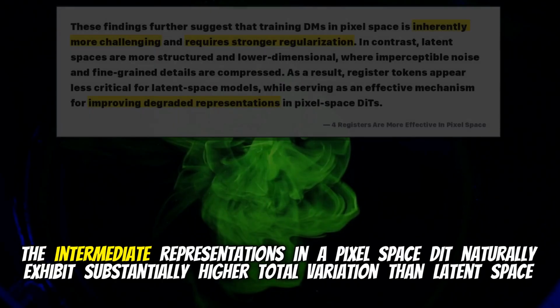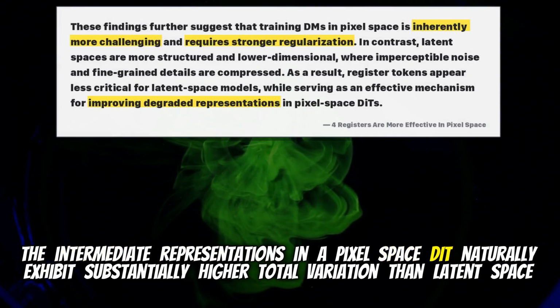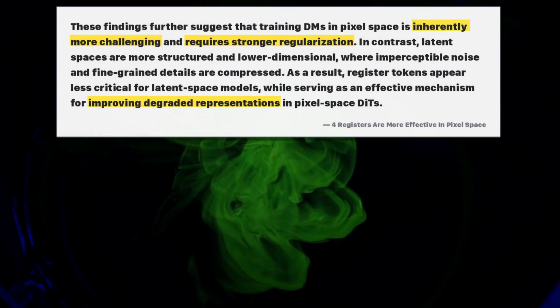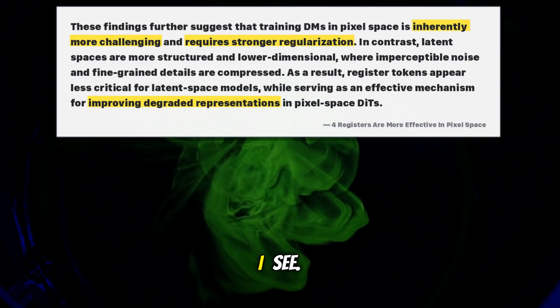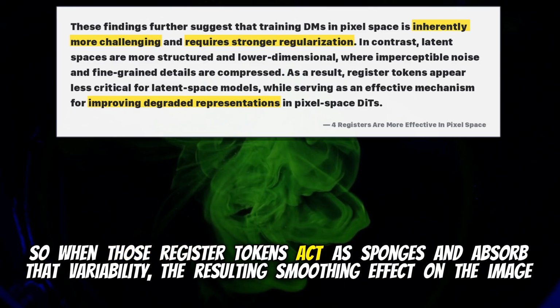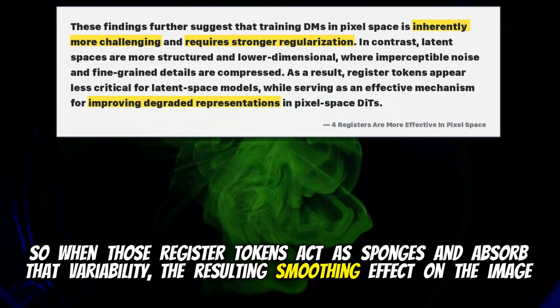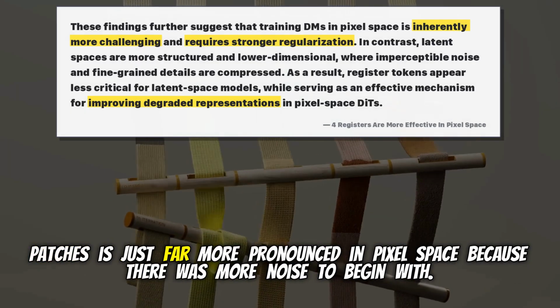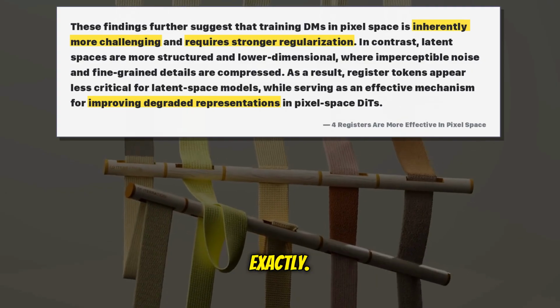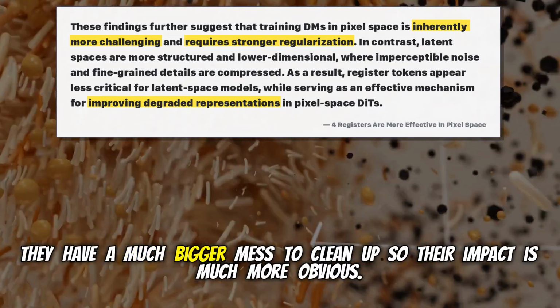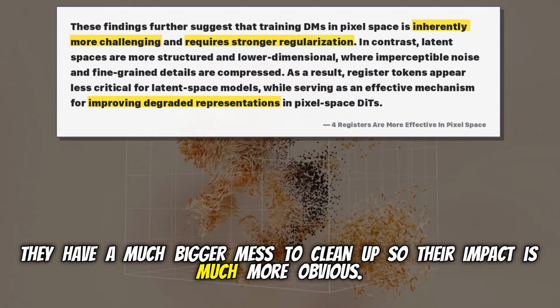Precisely. The intermediate representations in a pixel space DiT naturally exhibit substantially higher total variation than latent space models. There is simply way more noise and spatial disjointedness to manage. I see. So when those register tokens act as sponges and absorb that variability, the resulting smoothing effect on the image patches is far more pronounced in pixel space because there was more noise to begin with. Exactly. They have a much bigger mess to clean up, so their impact is much more obvious.